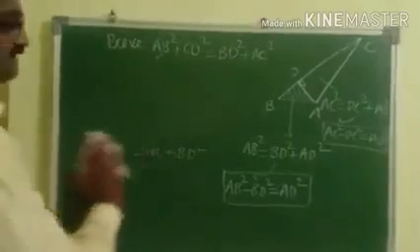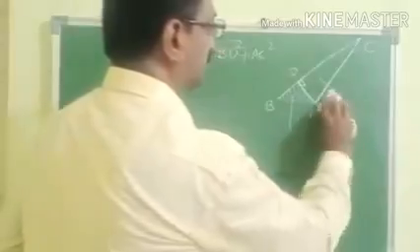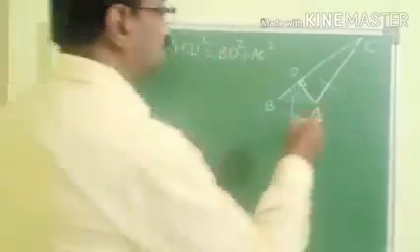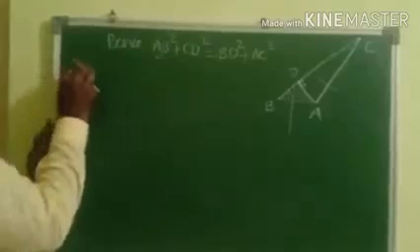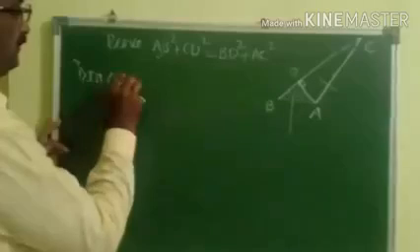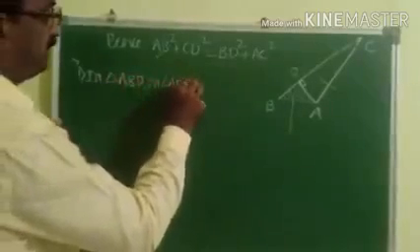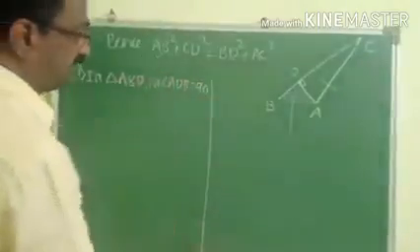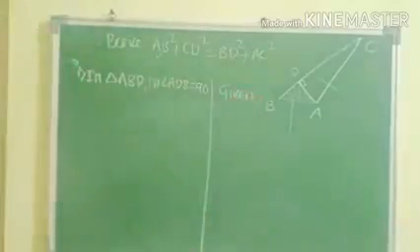So how can we write this step by step? First apply the Pythagoras theorem. Now we are going to write the solution of that problem. First step. In triangle ABD, measure of angle ADB is equal to 90 degrees, given.